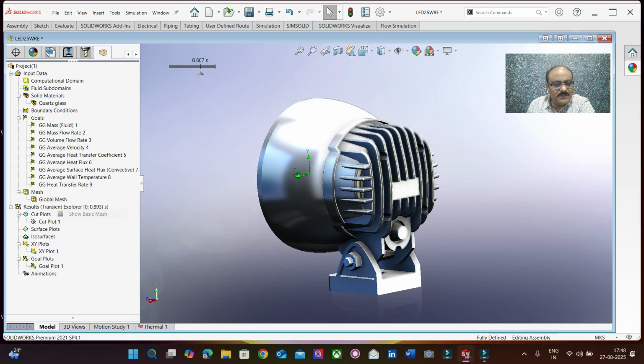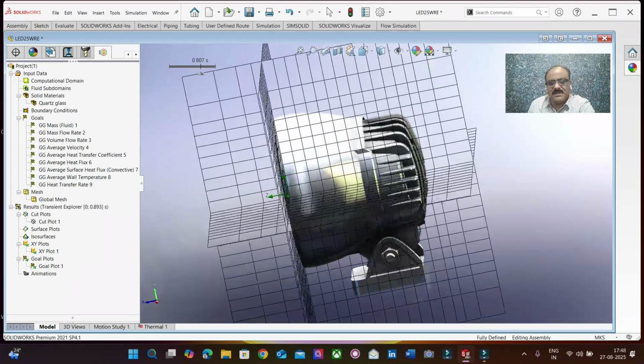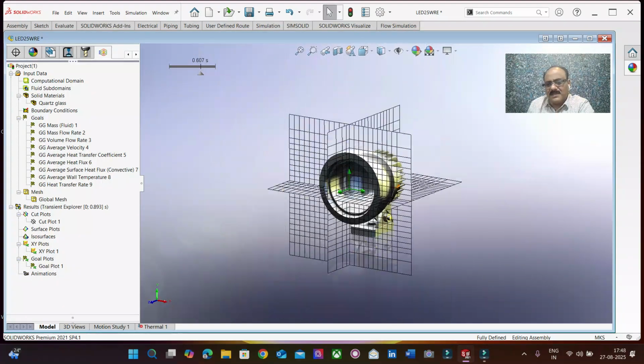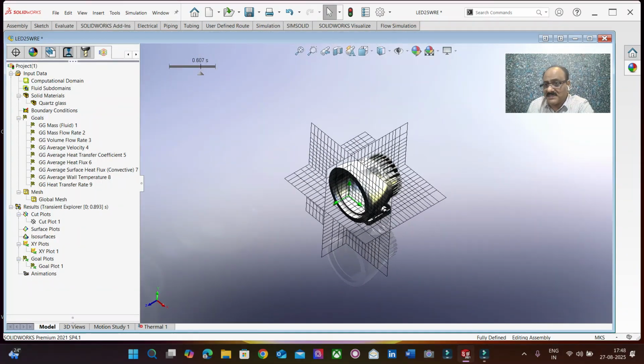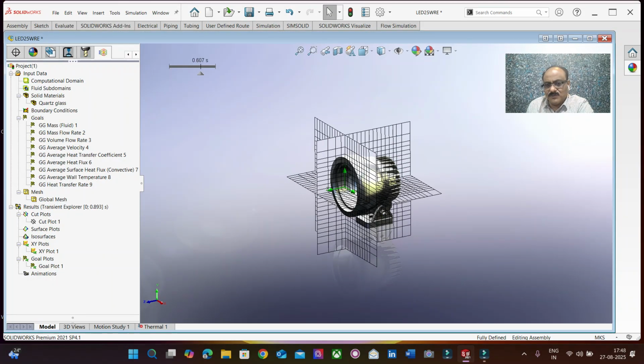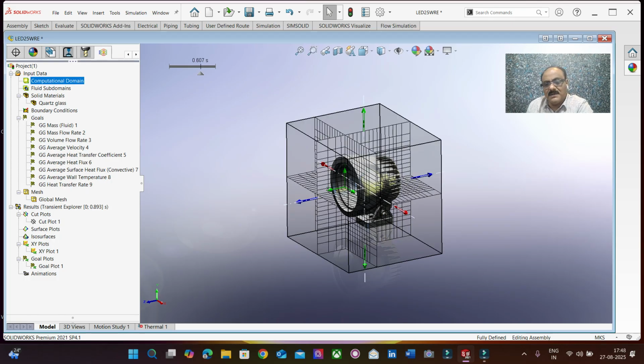Let me show you the mesh. So this is how the mesh is going to look like. This is only a representation. There is one plane xy, yz, zx. All the three are going to be like this. Once we perform the simulation, it will be performed onto this complete computational domain.